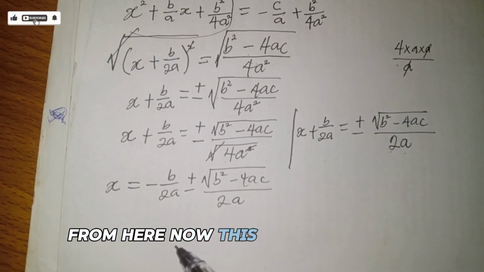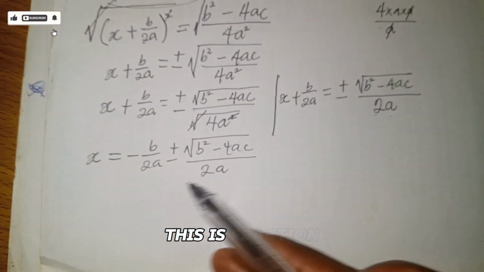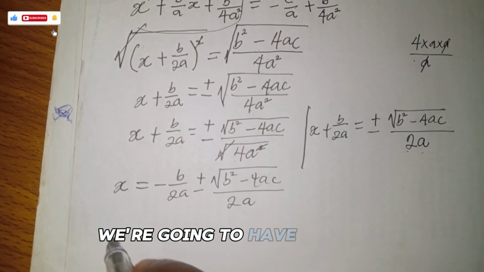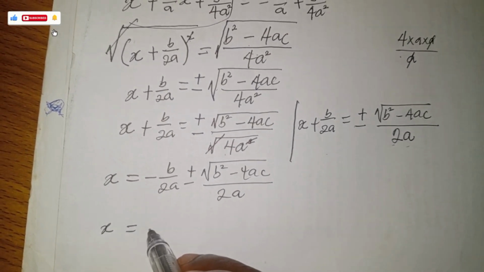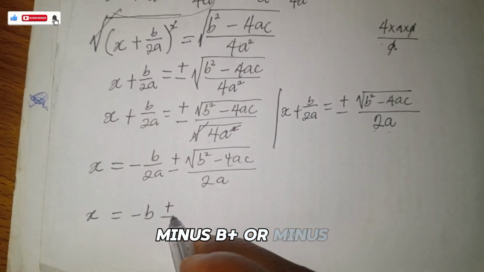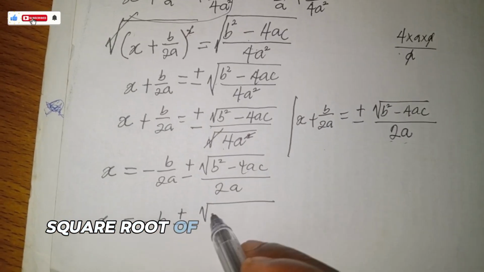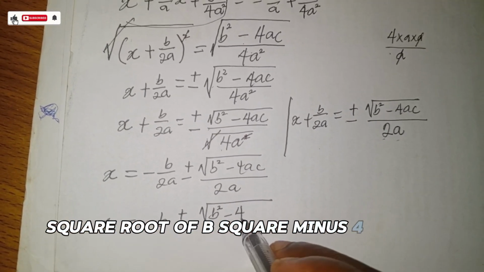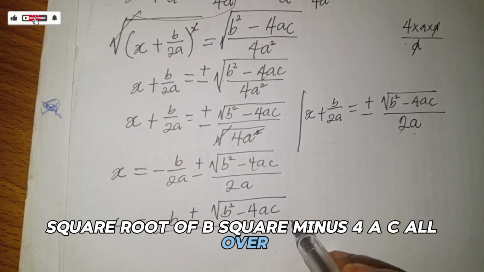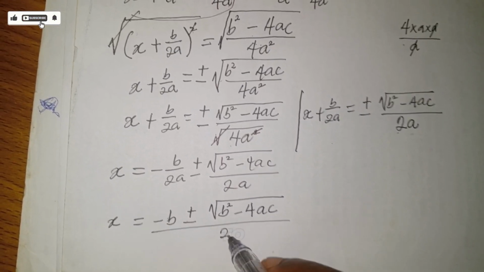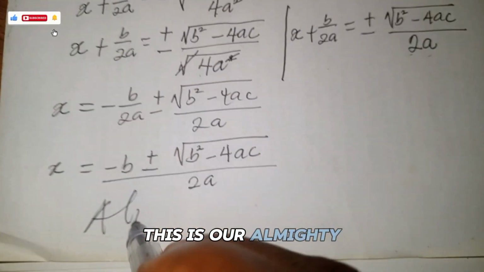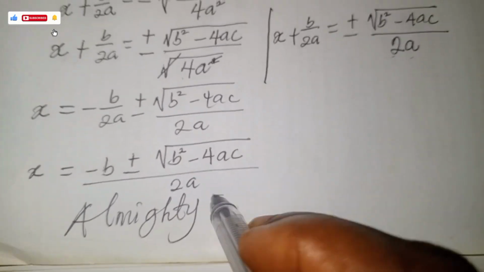This is a fraction, so we can simplify. And so x equals minus b plus or minus the square root of b squared minus 4ac, all over 2a. This is our almighty formula.